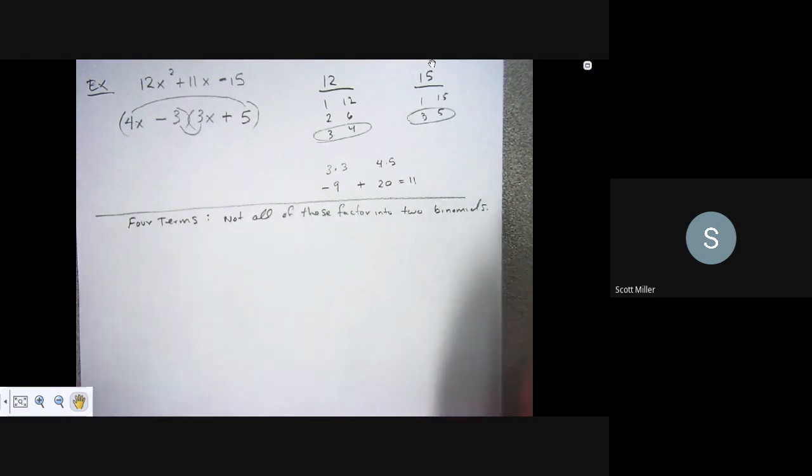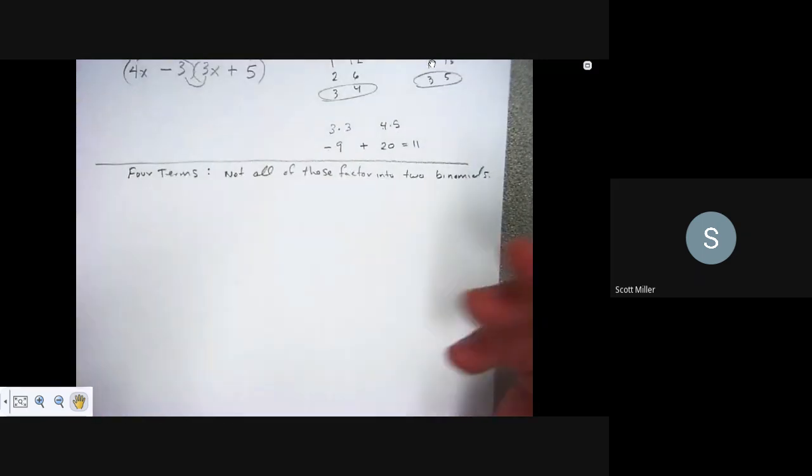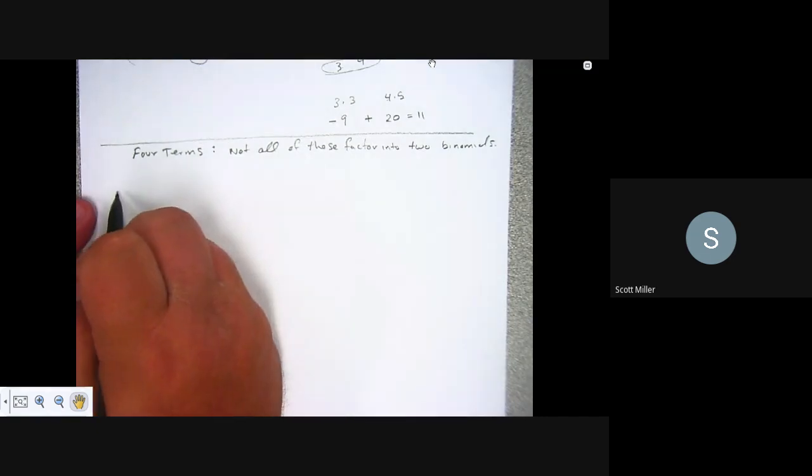So, how do I know if one does? There's a lot of ways to do this. They usually call this factoring by grouping, and you can do factoring by grouping, but I found that the box method works the easiest because you'll know right off the bat if it works or not, without having to get too far into it.